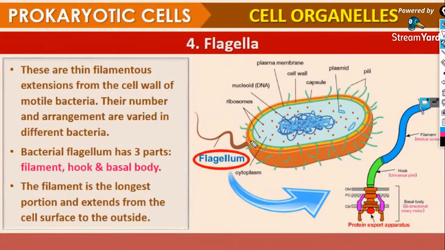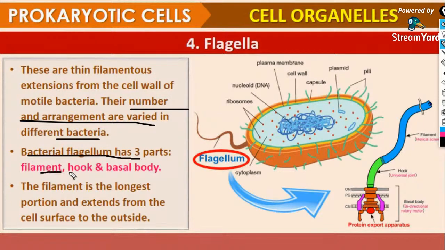If flagella is present in the cell wall of a bacterium, in most cases it will be motile, because the function of flagella is motility, or mobility, for locomotion. So most bacteria with flagella or any locomotory organ are capable of moving. Their number and arrangement vary in different bacteria.